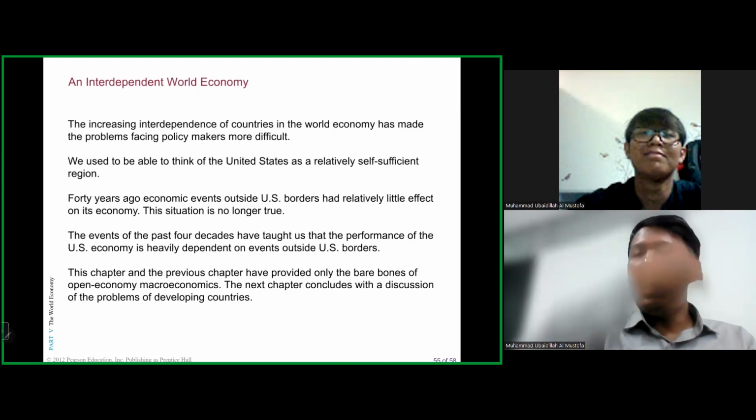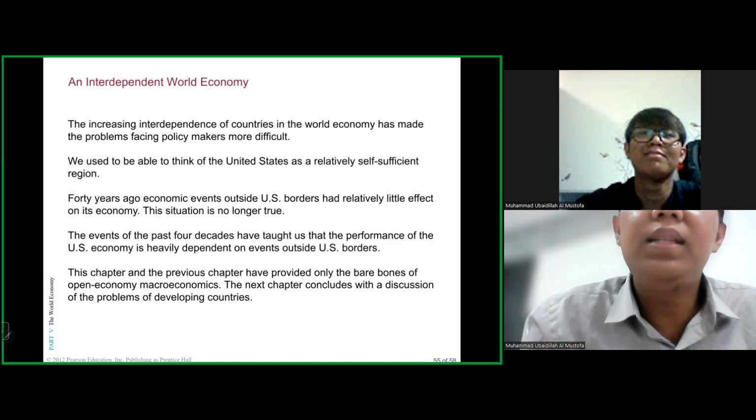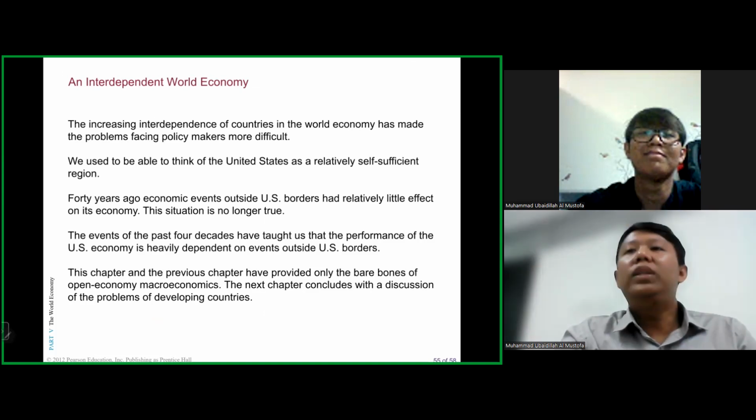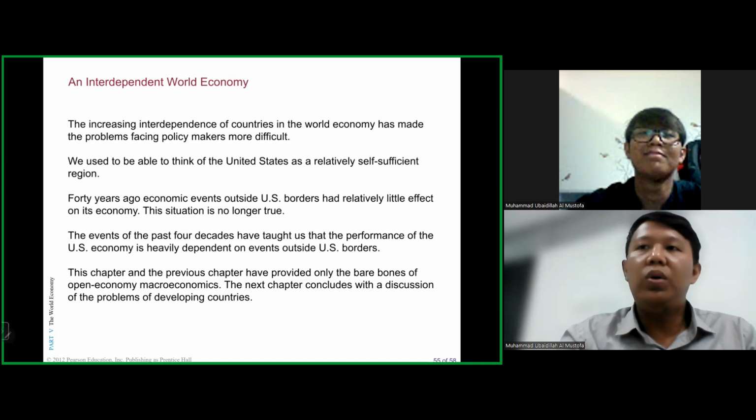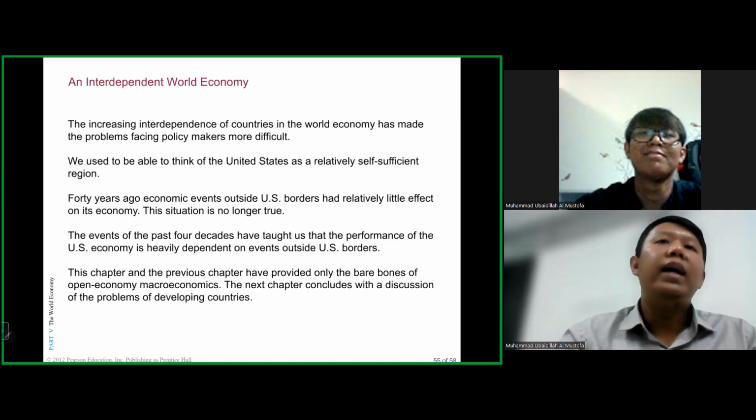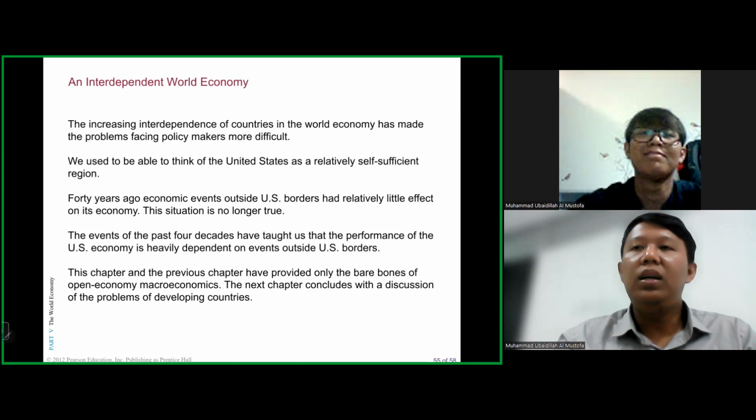Now, last but not least, this is the interdependent world economy. Nowadays the interdependency from one country to another is becoming more evident. So we have the increasing interdependence between countries.